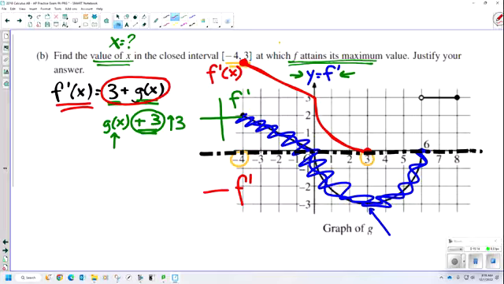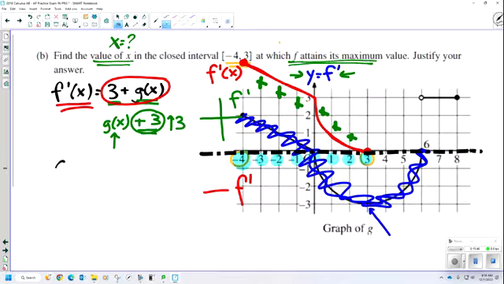Where do we attain its max? If we start at -4 and keep going to 3, notice that my graph is always above the x-axis, which means my first derivative is always going to be positive. And if my first derivative is positive, that means my slope is positive. Let me say that one more time.